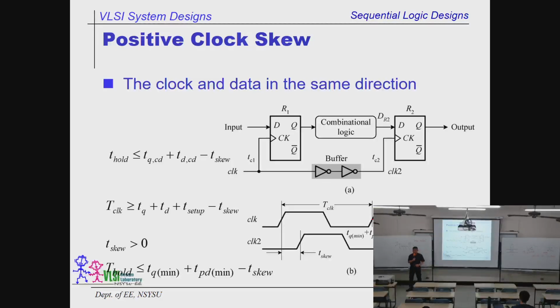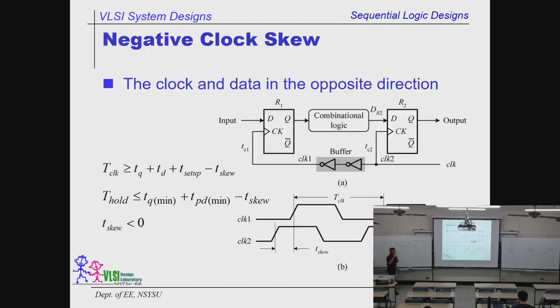So what happens if we have a negative skew? How do we get a negative skew? When the clock is given to the output first, then goes through a long path to the input, then you have a negative skew.